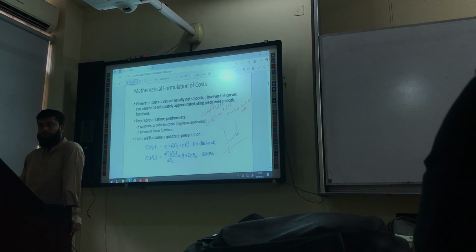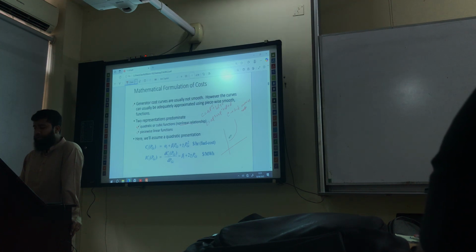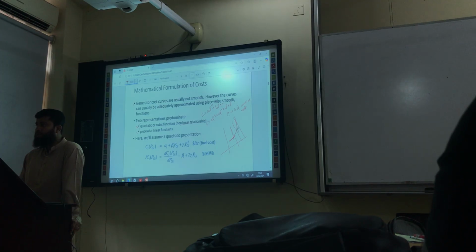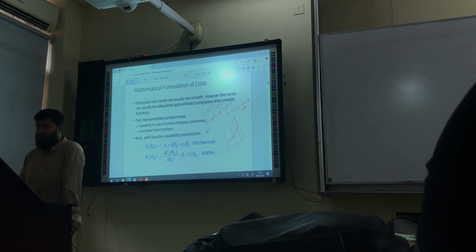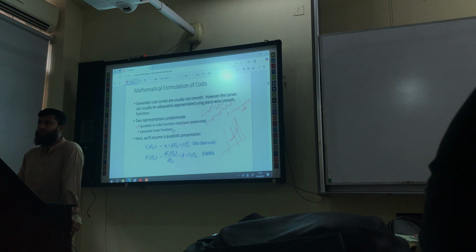The entire curve is non-linear, but you can divide it into a few zones. In this zone, you can approximate the non-linear curve with a straight line, in another zone another straight line, and here another straight line. So we are making pieces of straight lines from this non-linear curve, and this type of representation is called a piecewise linear function, or piecewise linear representation.